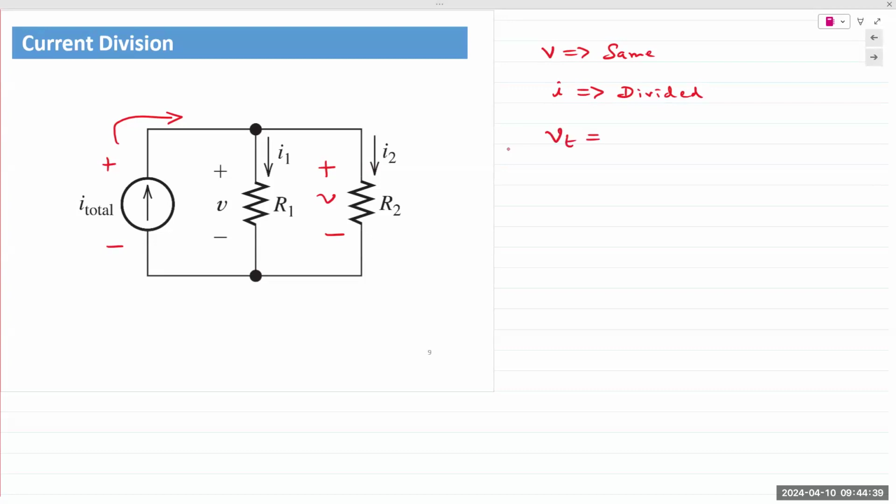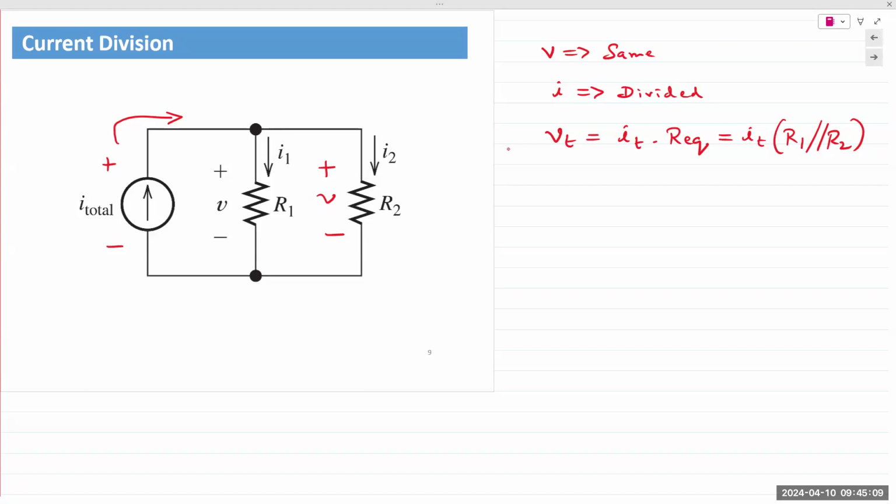Vt in this case would be equal to IT times Req, which is IT times the parallel combination of R1 and R2. You can have infinite resistors in parallel, but you find Req for all of them, all the resistors in that network. This example just shows you two, but you could have infinite resistors in parallel.